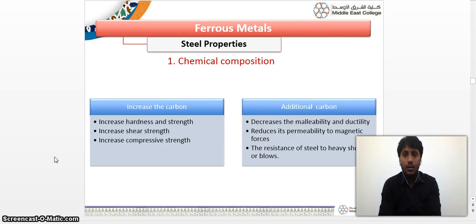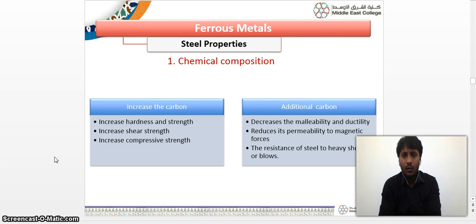Now coming to steel properties, we will first discuss chemical composition. If you increase the carbon, hardness and strength increase. If carbon is more in the steel, the hardness and strength will be more, as will shear strength and compressive strength. Additional carbon decreases malleability and ductility.